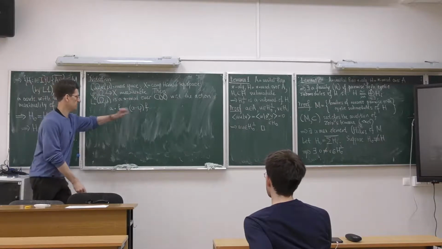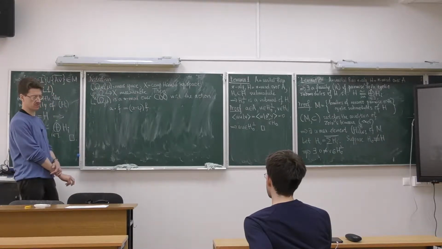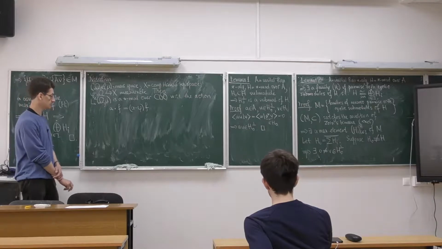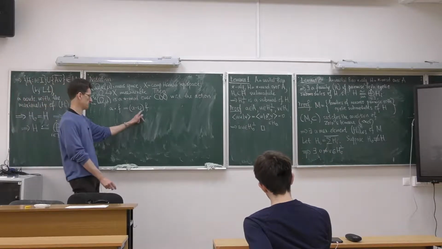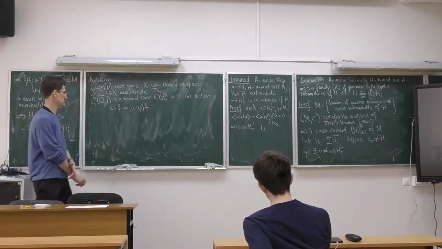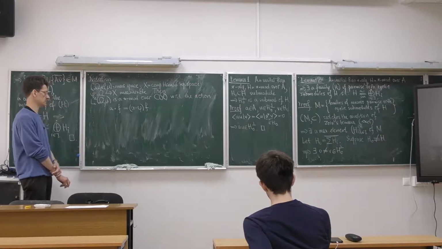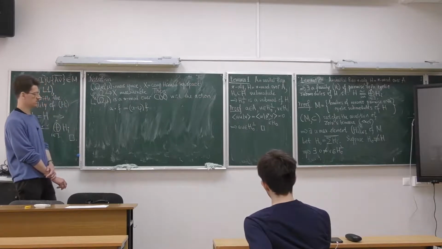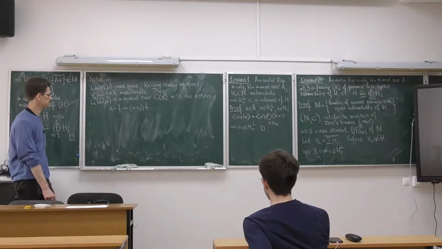So a composed with phi becomes a bounded measurable function on Omega, and we just take the pointwise product of this bounded measurable function with f. The pointwise product of a bounded measurable function and a square integrable function is, of course, square integrable.